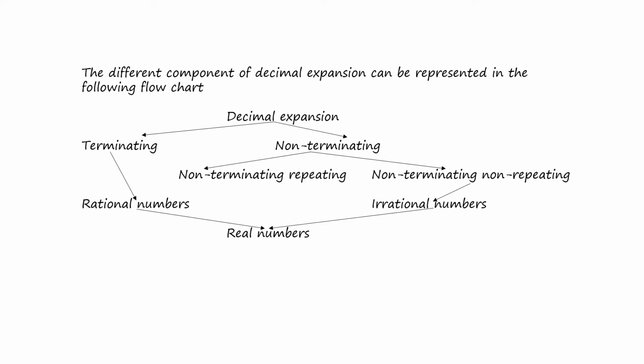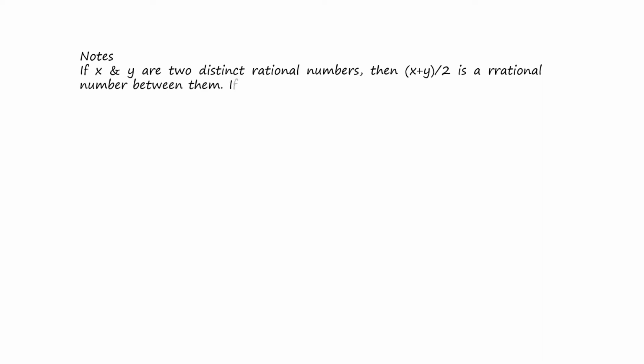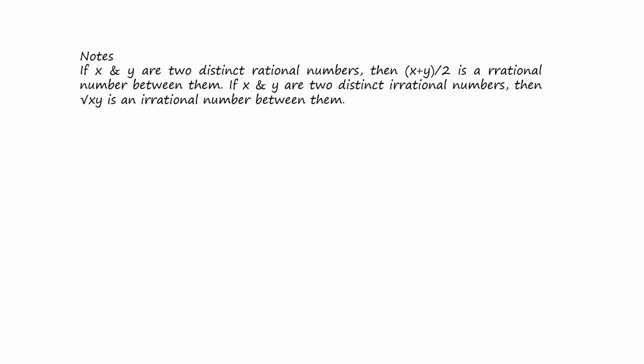However, in this case, a few things we need to remember. If x and y are two distinct rational numbers, then (x plus y) divided by 2 is a rational number between them. And if x and y are two distinct irrational numbers, then square root of xy is an irrational number between them.